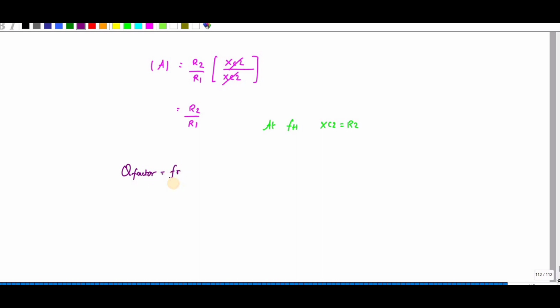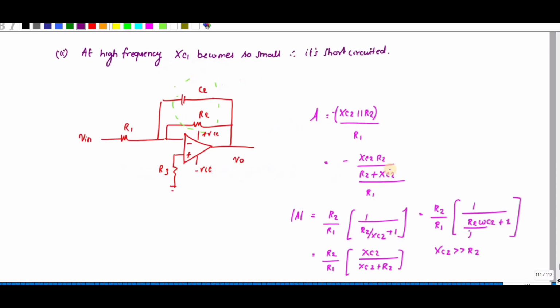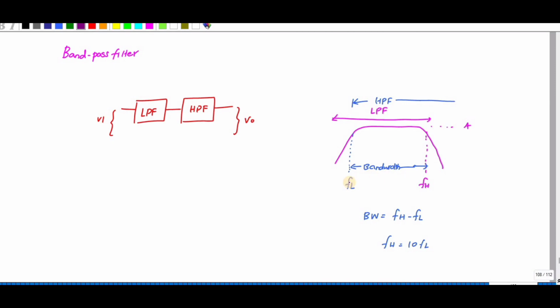It's nothing but FR by bandwidth. So it is a figure of merit for a filter circuit. So you can see here it is a wide band, right?